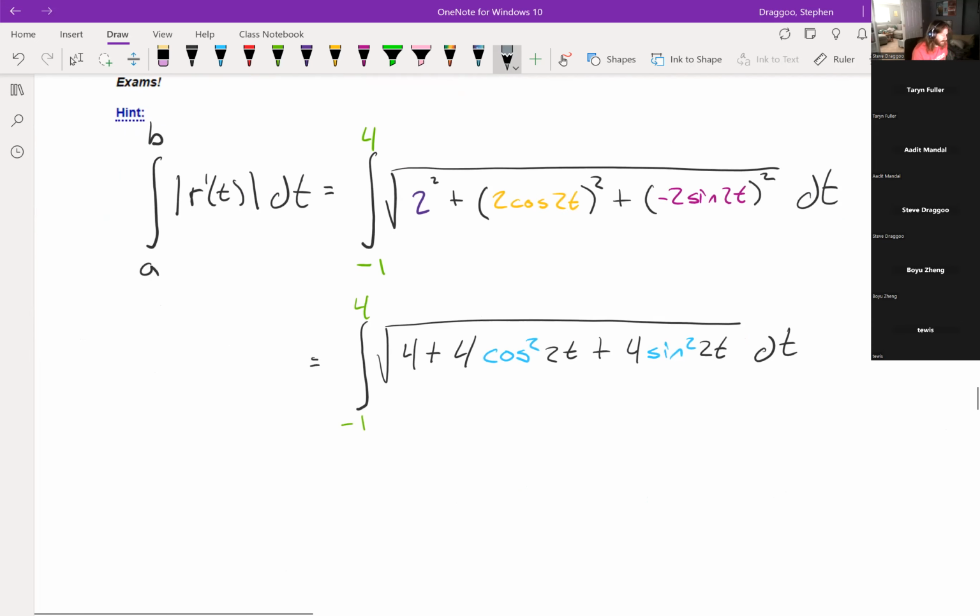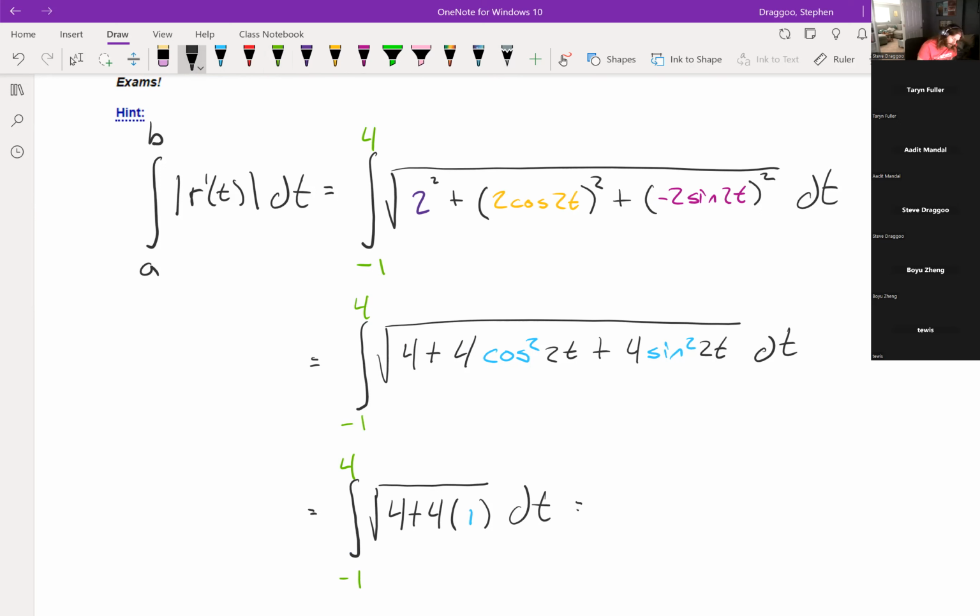So I'm going to simplify the inside of that square root, which is nice because trying to integrate the square root of some squared trig functions sounds like a chore. And I don't want to do that. So the integral from -1 to 4, the square root of 4 plus 4 times 1 dt. And all of a sudden that became a much simpler problem.